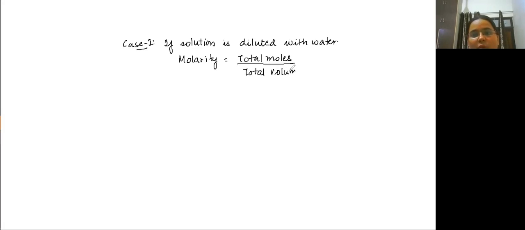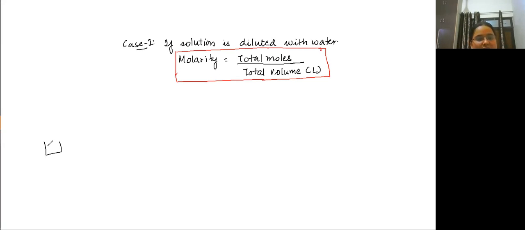This is the basic formula of molarity, and volume should be in liters, otherwise multiply by 1000. If you are mixing 2 or 3 components, it will be total moles divided by total volume. Now, if you are diluting the solution, dilution means the solution is already there and you are adding water. If you are adding water, can you tell me, will the number of moles of solute change?